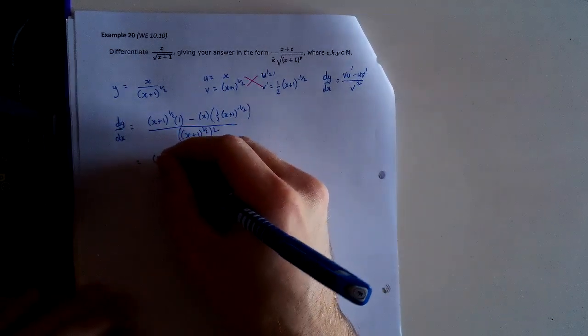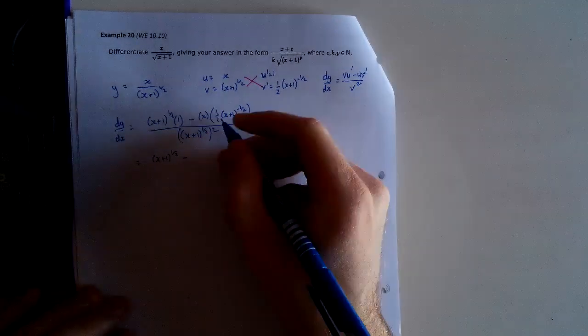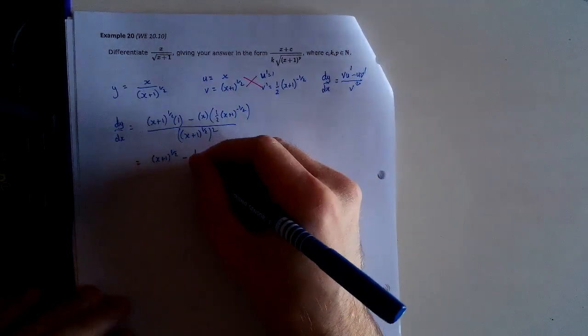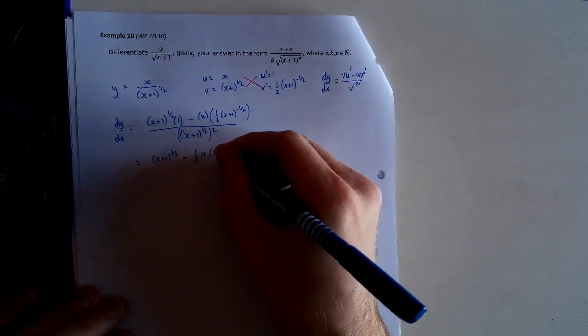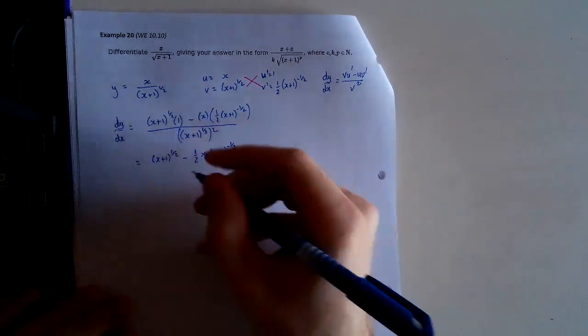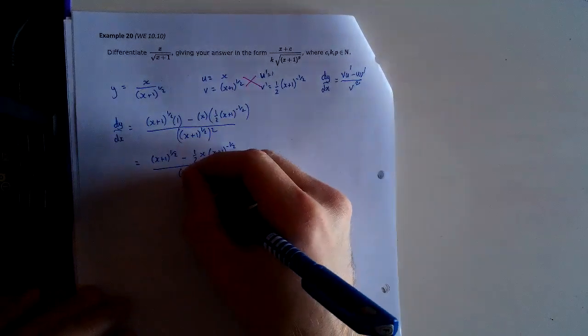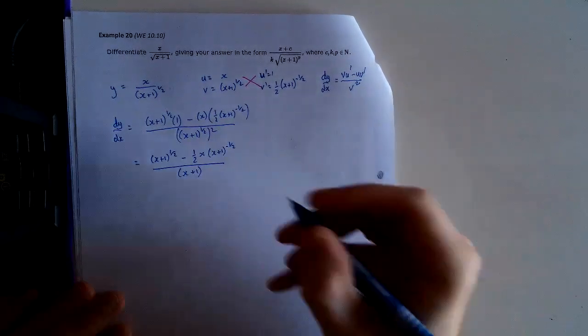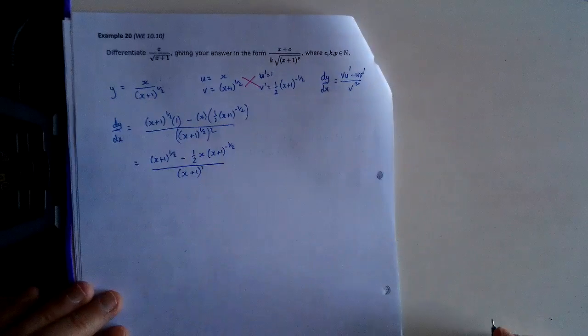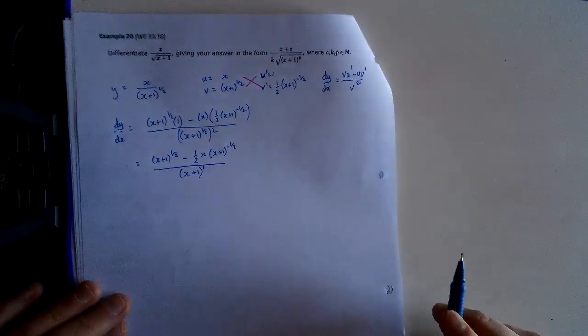So x plus 1 to the half minus, well, we have to put numbers front to front, so half x, x plus 1 to the minus a half, all over, times powers, that's going to be 1, x plus 1. In fact, I'm going to leave it to power 1 so we can see what's coming.